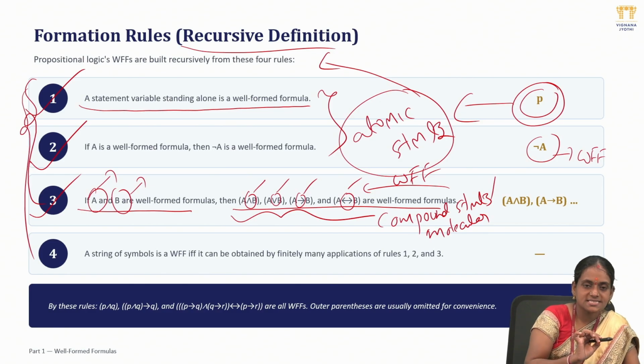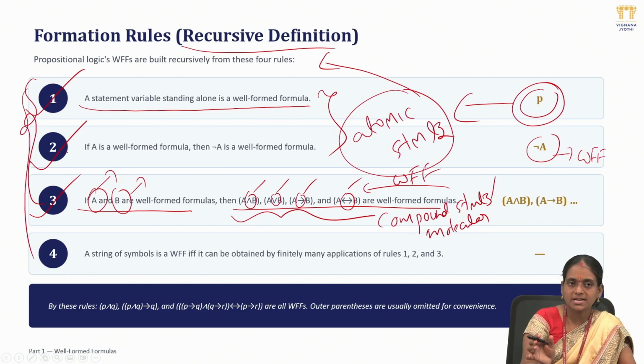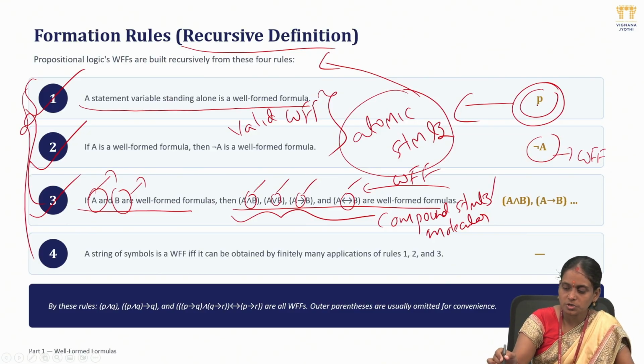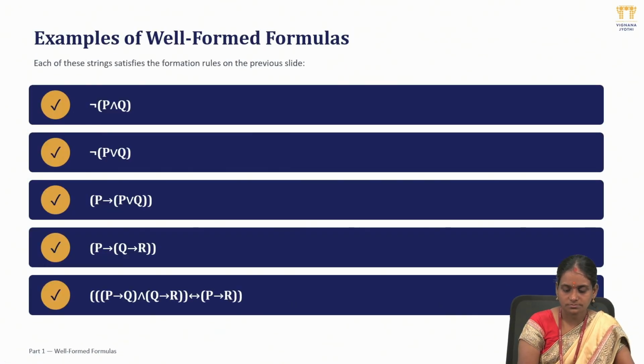If the formula satisfies the first rule, second rule, or third rule, the given formula is said to be a valid well-formed formula. These are the 3 conditions: a plain simple statement, a simple statement with negation, and more than one statement joined with the help of connectives. This is the definition of a well-formed formula.